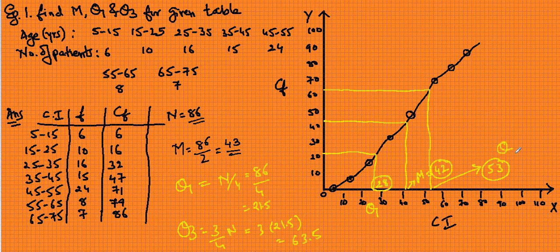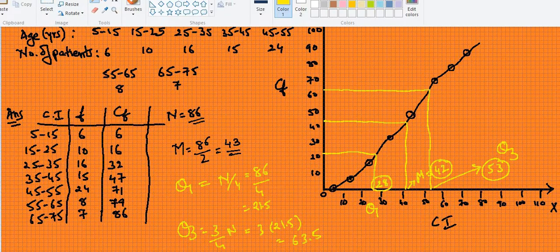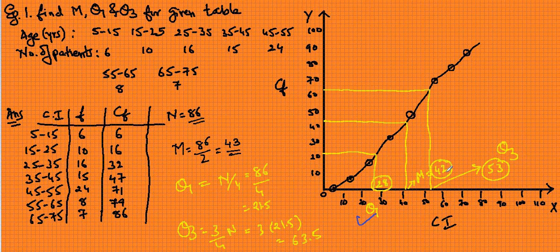So this is my Q3. Understood? So I got Q1, I got the median, and I got Q3.